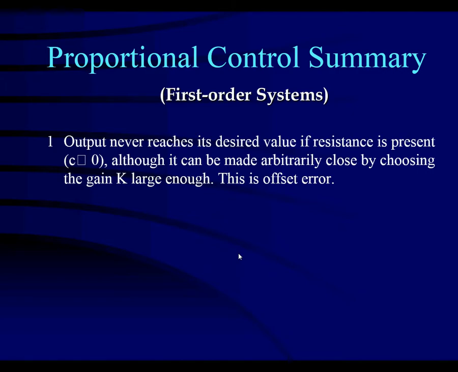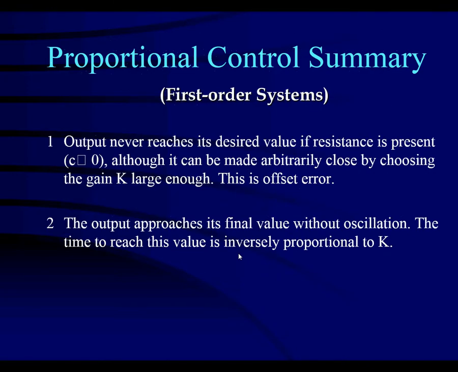Proportional controls are good for first order systems. The output never reaches the desired value if resistance is present, which is the case like on driving a vehicle, though it can be made arbitrarily close by choosing the gain k large enough. This is called the offset error.